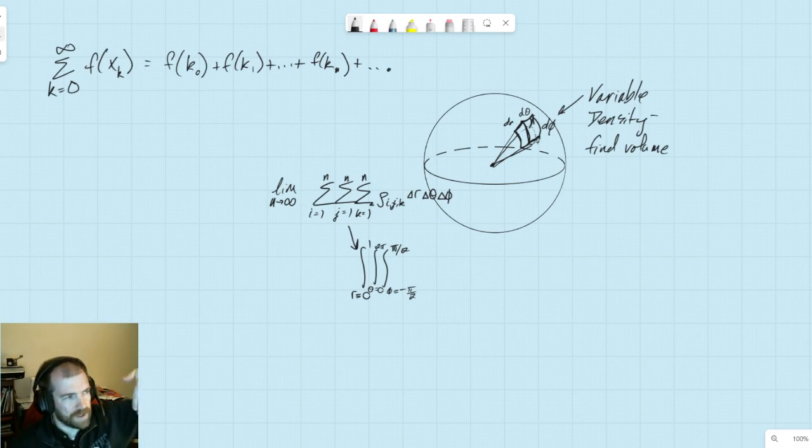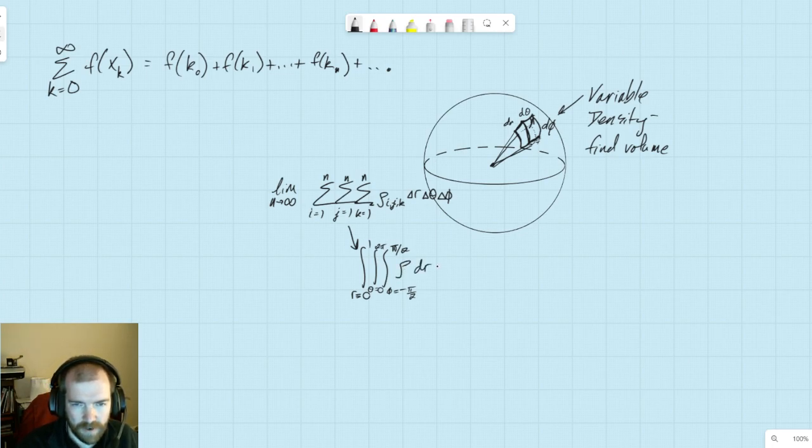Right, azimuth is going to start angled down and then sweep all the way up. Theta is going to cause that to rotate all the way around through all of it. And then your radius is getting all the stuff inside out. Oh yeah, density, dr, d theta, d phi.